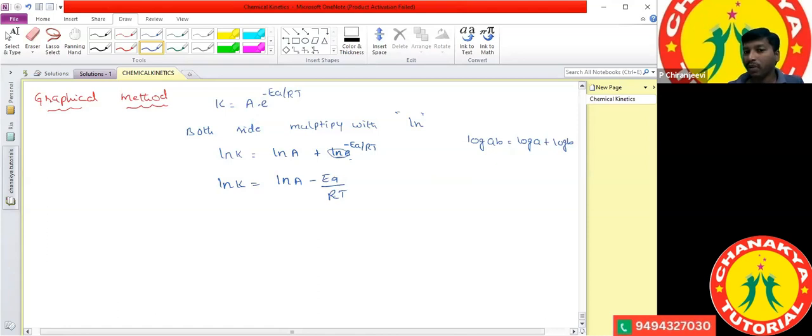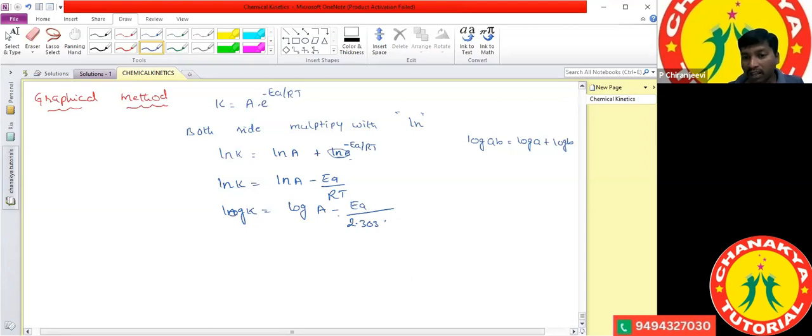So whenever we are converting the natural log into log base 10, we have to multiply. Generally, we are multiplying with 2.303, which comes in the denominator part.